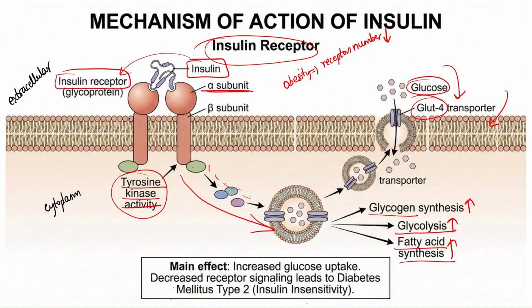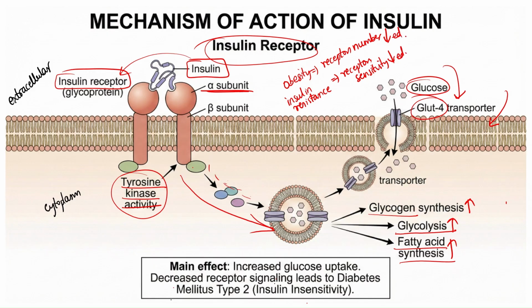Then coming to insulin resistance. This reduction causes the target tissues to become less responsive to the hormone. So in obesity, the receptor number is decreased, and in insulin resistance, the receptor sensitivity is decreased.